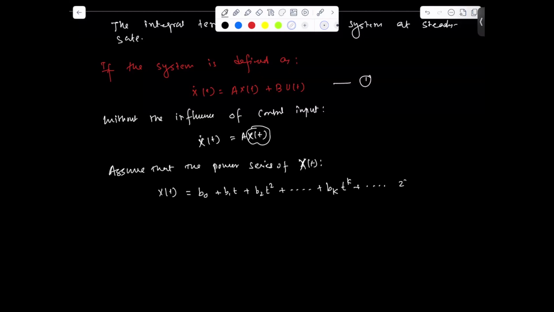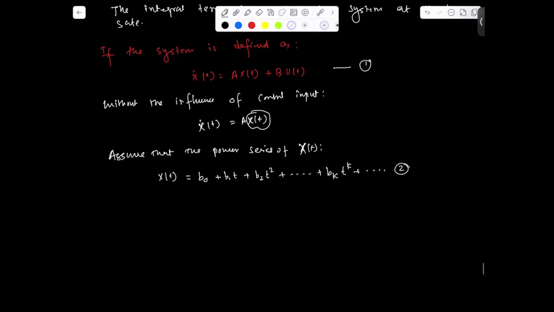Let us define this as equation number 2. One thing here: b0, b1, b2 are vectors, because the dimension of x and the dimension of b0, b1, b2 are the same. So these are also vectors.